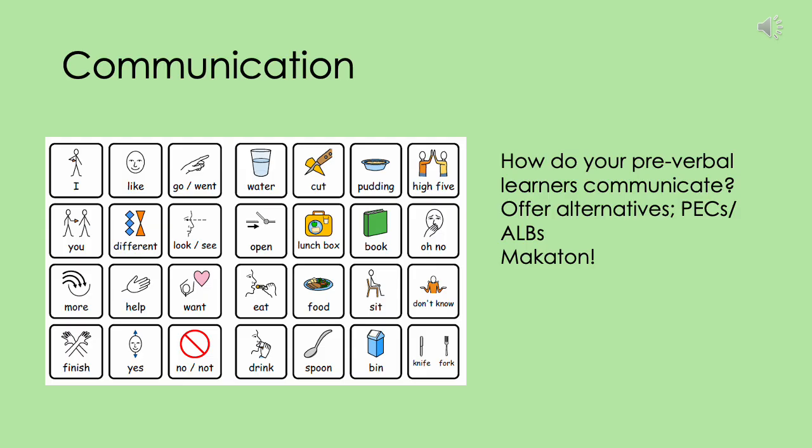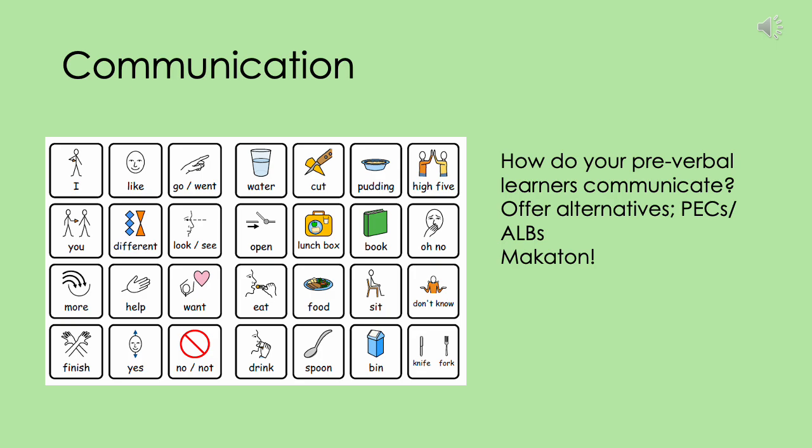I'm going to spend a little bit of time now talking to you about communication. And I just want you to take a moment to think about some of the children who are starting in FS2 who are maybe completely pre-verbal or have very minimal functional speech. How are they able to communicate their needs?